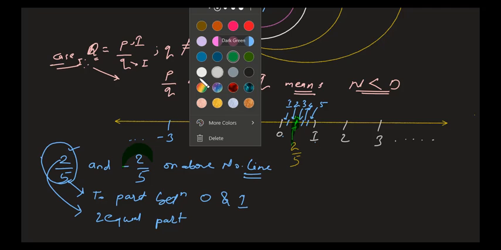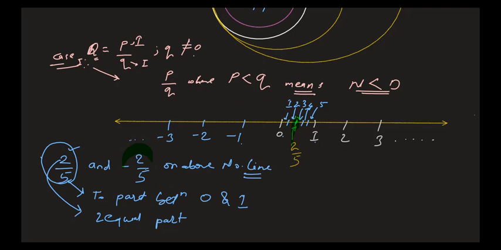Similarly, for the representation of the negative portion also, we take 5 equal parts between 0 and 1, and among these 5 equal parts we must take minus 2 parts.